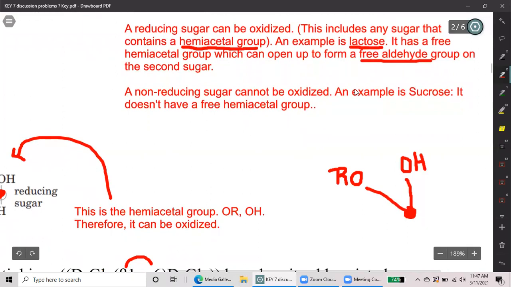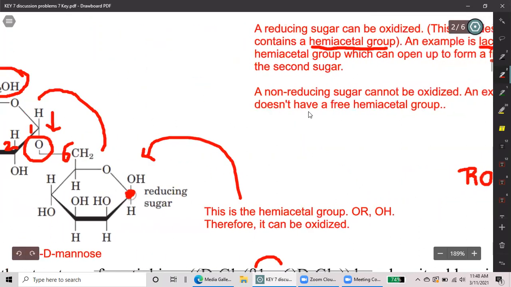Okay, so a non-reducing sugar is a sugar that cannot be oxidized. So if you don't see this group, then you have a non-reducing sugar that can't be oxidized. An example of that is sucrose. It doesn't have a free hemiacetal group.